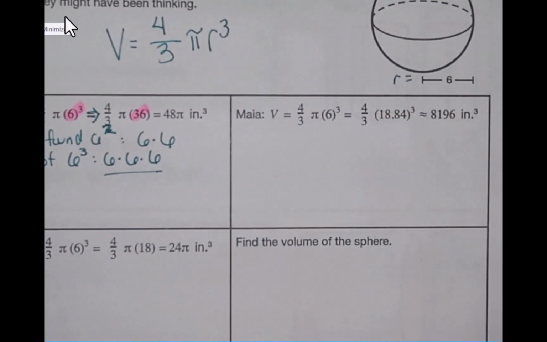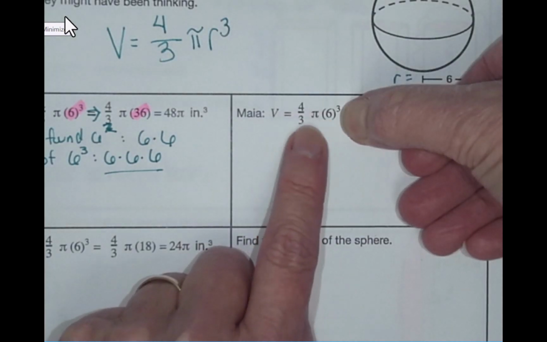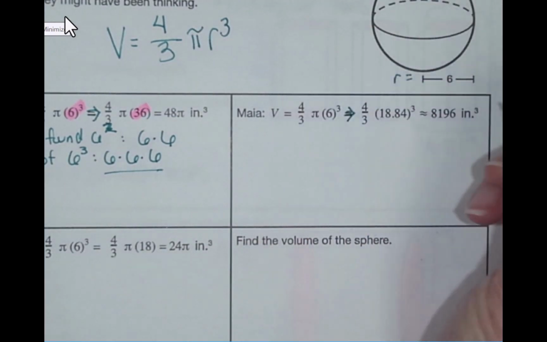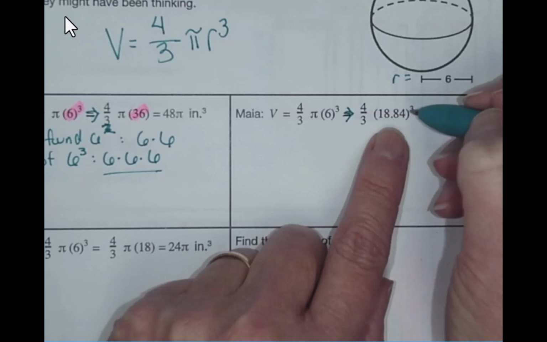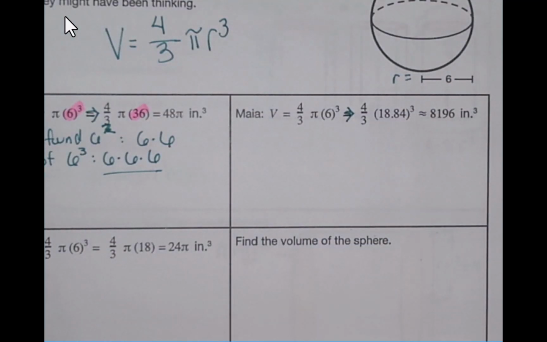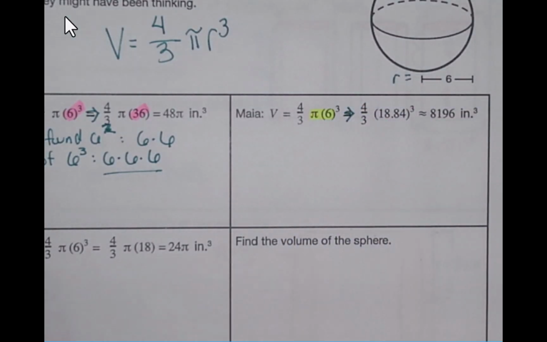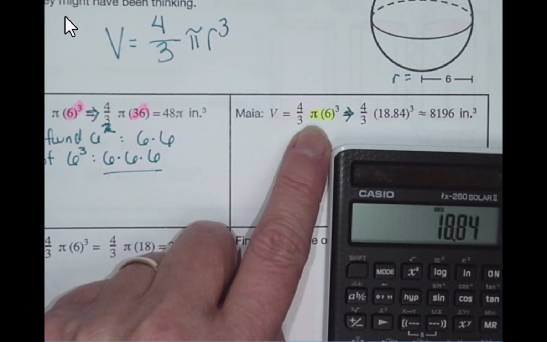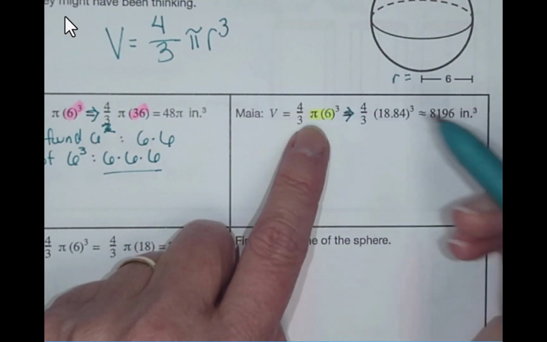All right, let's take a look at Maya and see what she did. Well, once again, she substituted in the radius just fine. 4/3 pi times the radius cubed. And when she simplified it, she got 4/3, wait a minute, 18.8. I bet I know what happened. I bet what happened was Maya didn't follow the order of operations. I'm just going to check here. I bet she took 6 times 3.14. Yep, that's what it was. There's the 18.84. So her mistake was not following the order of operations.